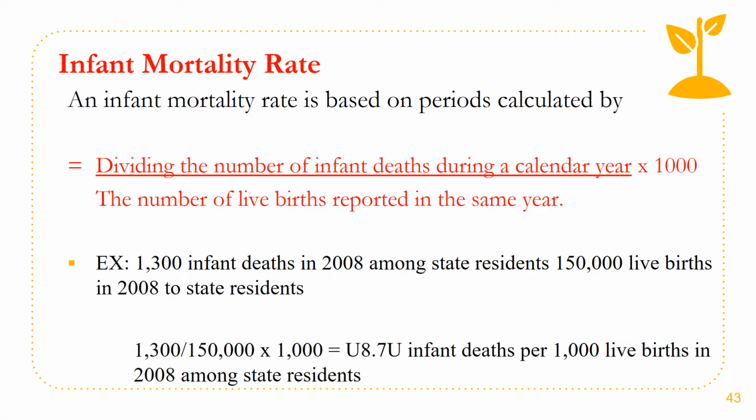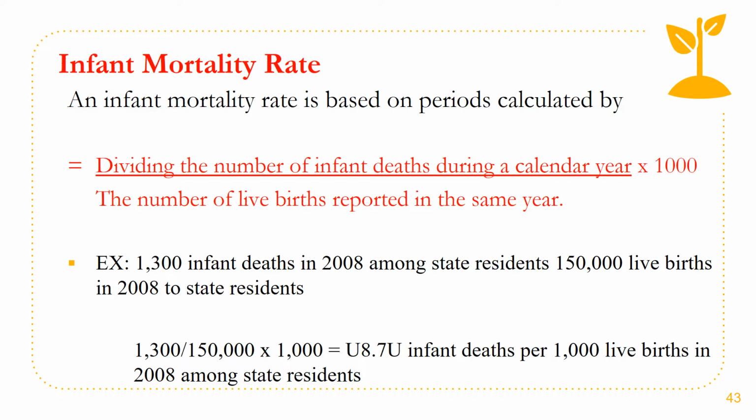Coming to infant mortality rate. An infant mortality rate is based on periods, calculated, for example, by dividing the number of infant deaths during a calendar year by the number of live births reported in the same year, into 1000. That multiplier depends on the denominator.